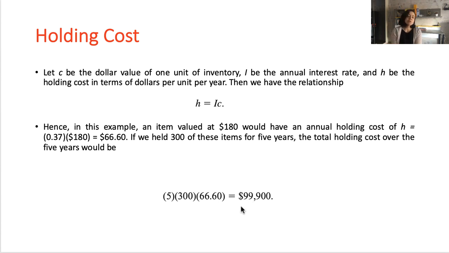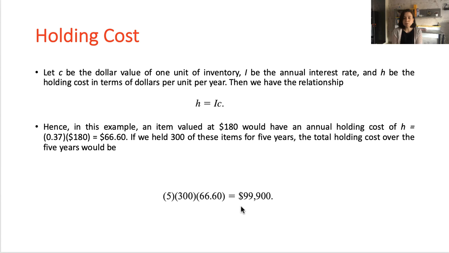Now, after this calculation, you may ask such a question. How can we know the inventory level for 5 years? I mean, the level of inventory changes from time to time. If we talk about finished goods inventory, when we use our inventory to supply the demand, then the inventory level will decrease.